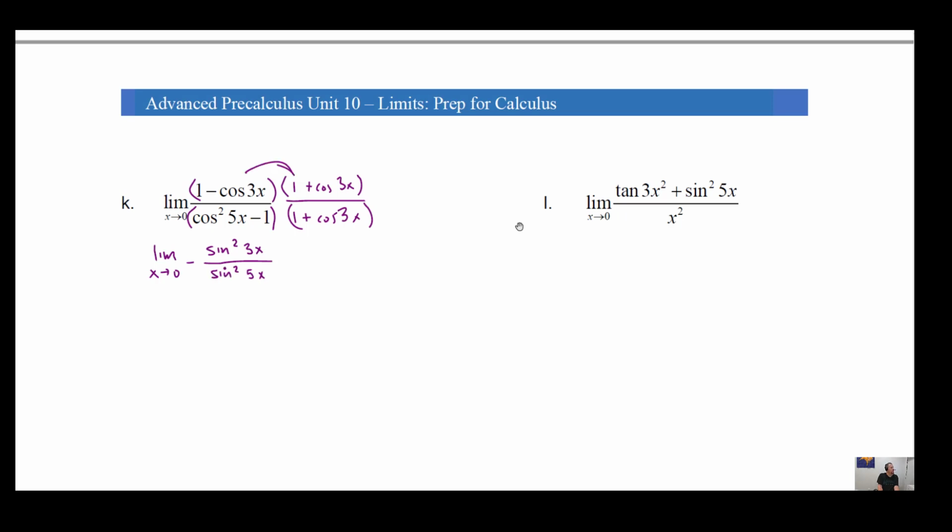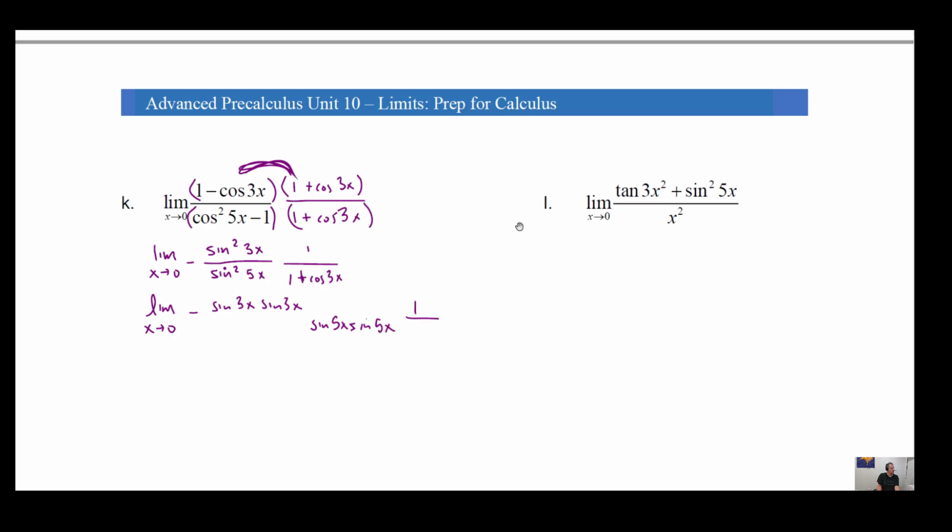And then remember, these parts came together to get the sine squared, which means I still have this leftover 1 plus cosine 3x hanging around in the bottom. Okay, but that's no issue. Got limit as x goes towards 0, negative sign, sine 3x, sine 3x, sine 5x, sine 5x.